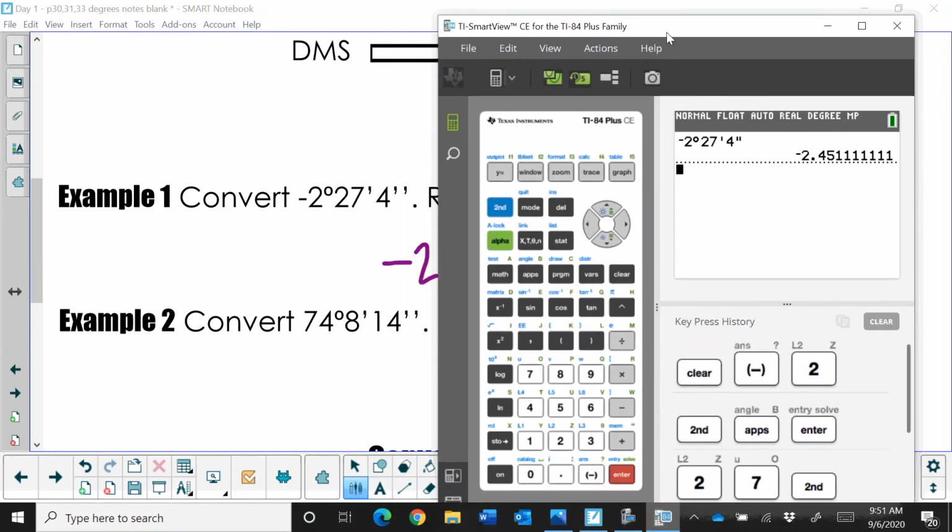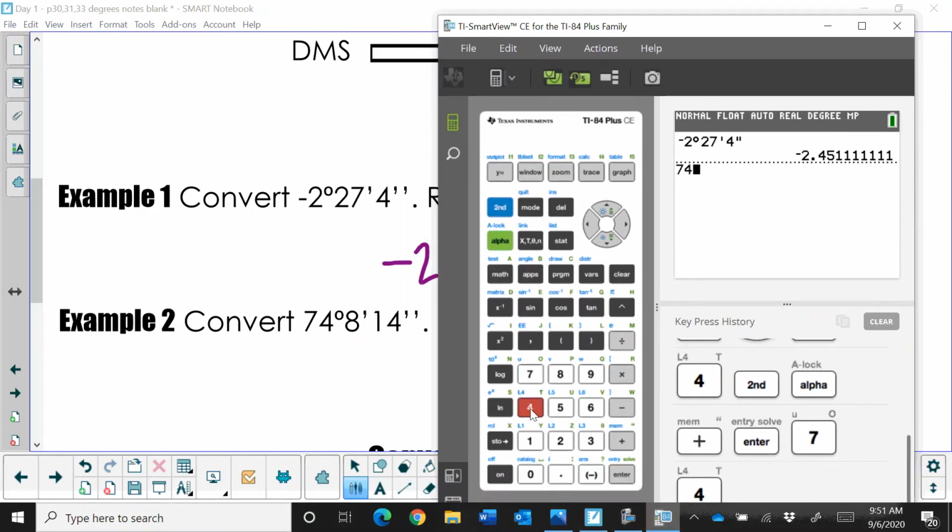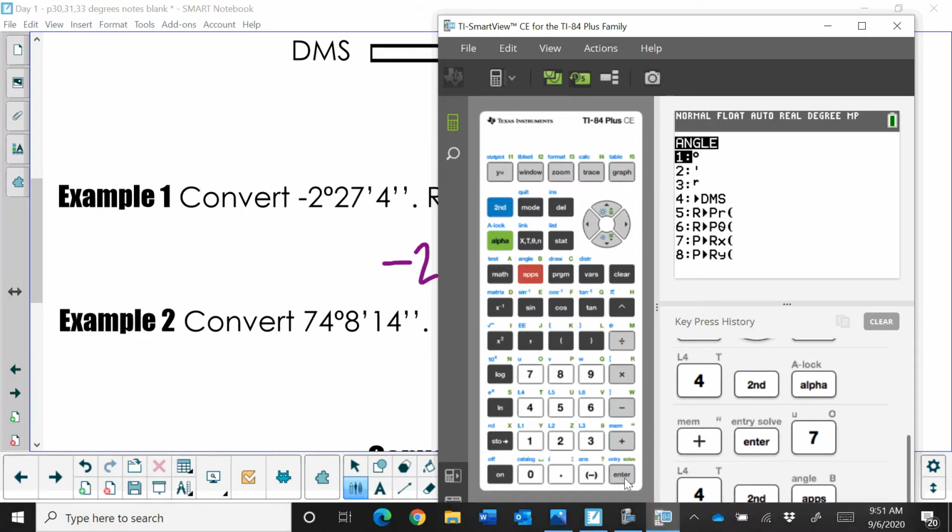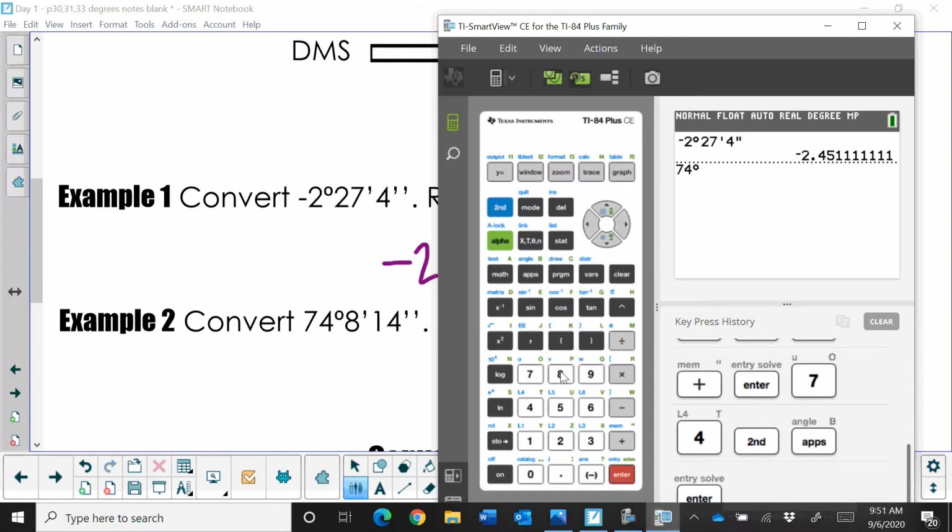Okay, let's try one more just so you can see the keystrokes for a second time. We're going to now convert 74 and hit second apps to get your degree mark. And then 8 second apps, number 2 this time. Oops, hang on.